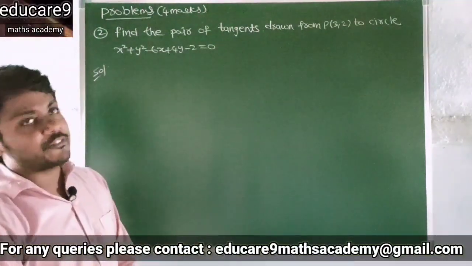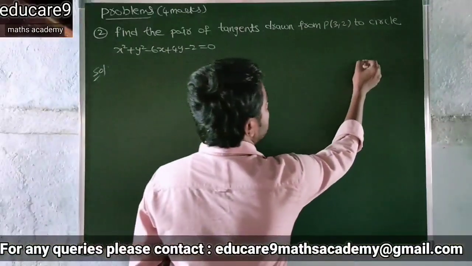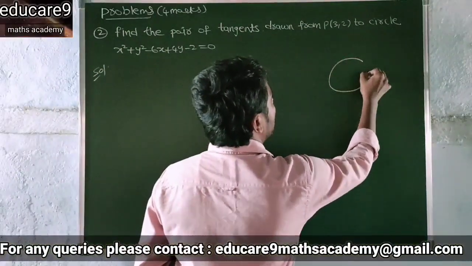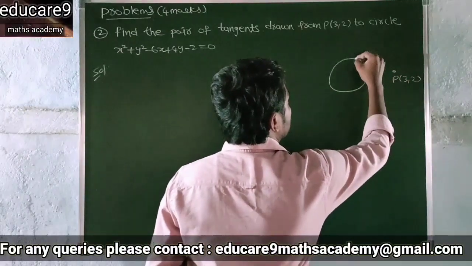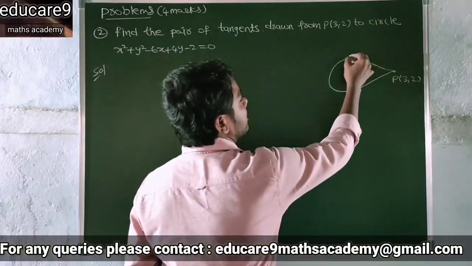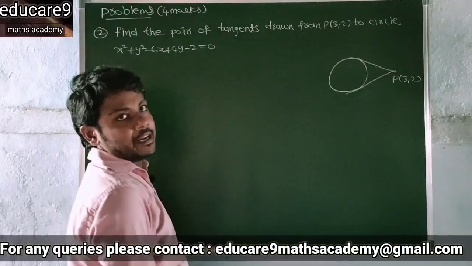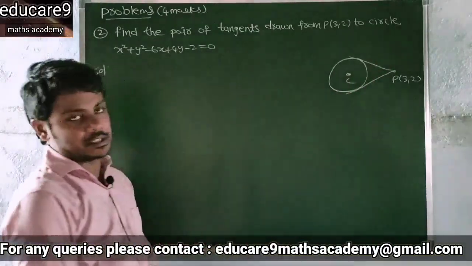Find the pair of tangents drawn from the point to the circle. So this is the given circle. This is the external point (3, 2). So these are the tangents drawn from P to the circle. Now you need to find the equation of the pair of tangents.